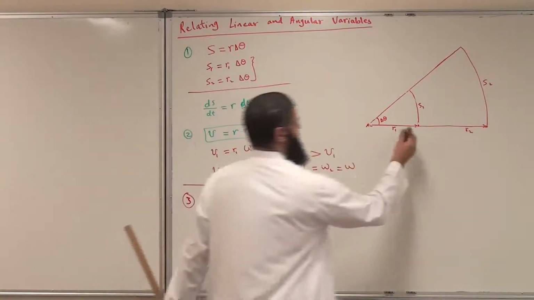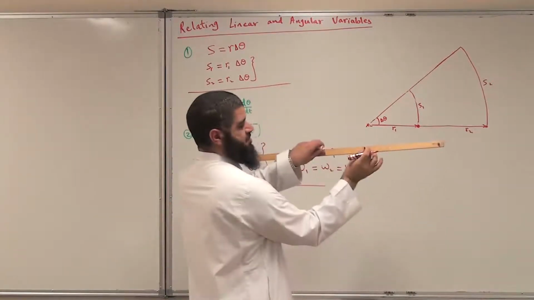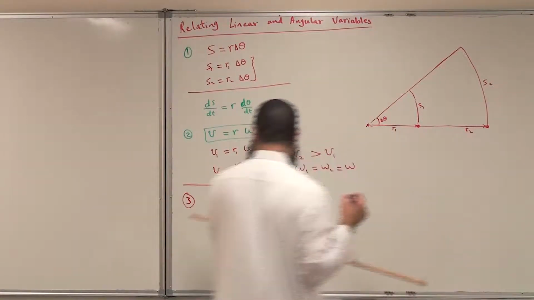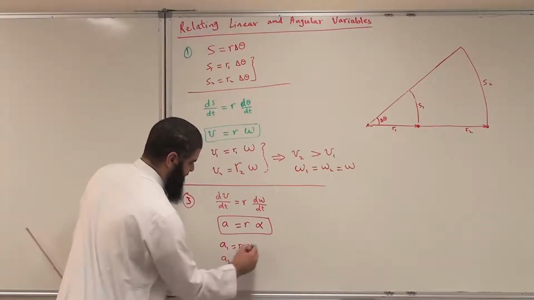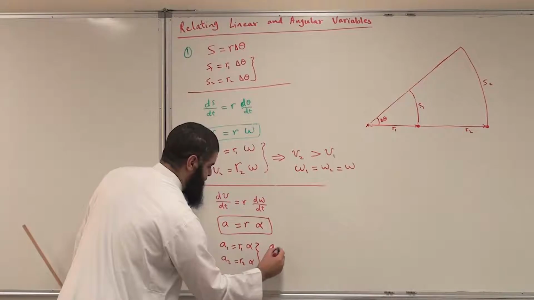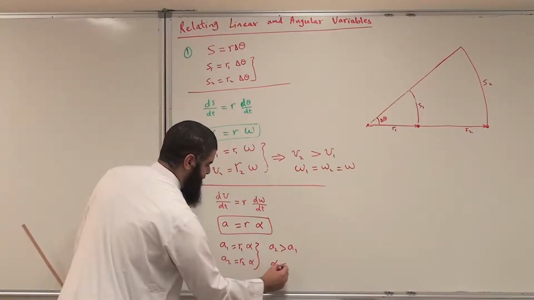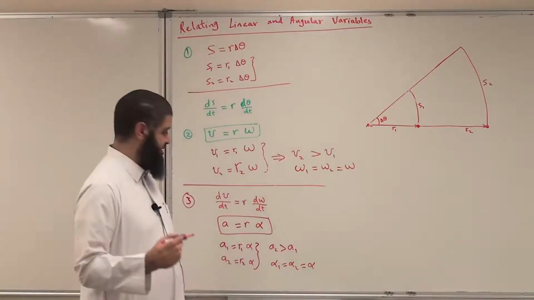A1 is the linear acceleration of this point, the first point, and A2 is for the second point in my object. As you can see, R1 is smaller than R2, so we can conclude that A2 is greater than A1. But alpha 1 equals alpha 2, which is the same for all points of the rotating object.